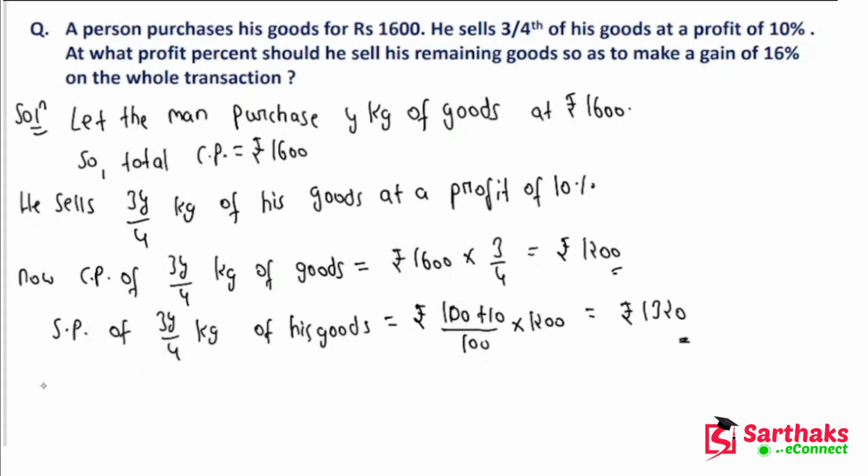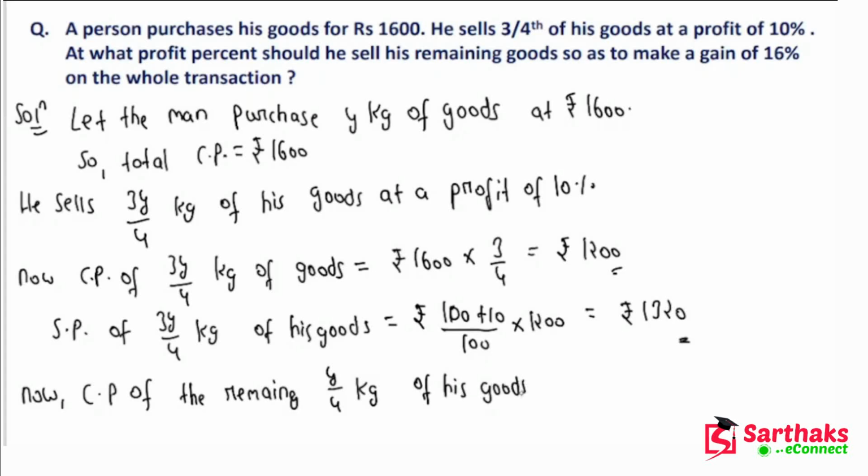Now since we have to calculate for the complete transaction, we have to study that. Now CP, that is cost price, of the remaining y by 4 kg of his goods is equal to what? Rupees 1600 into 1 by 4, that is rupees 400.